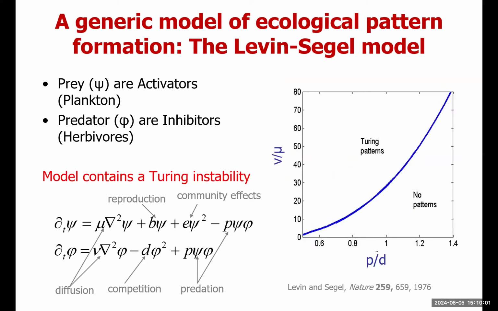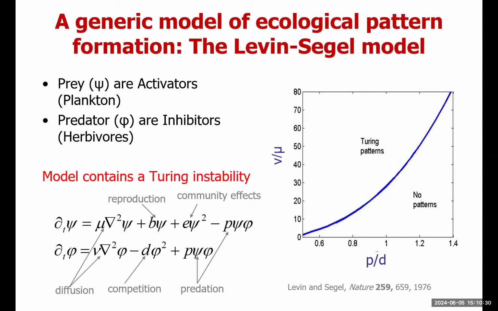So then you write down what is the phase diagram. So there's the phase diagram, and here is the predation rate over the death rate of the predators. This is the ratio of the diffusion coefficients. So nu is the inhibitor, the herbivore diffusion constant, and mu is the plankton, the activator diffusion coefficient.